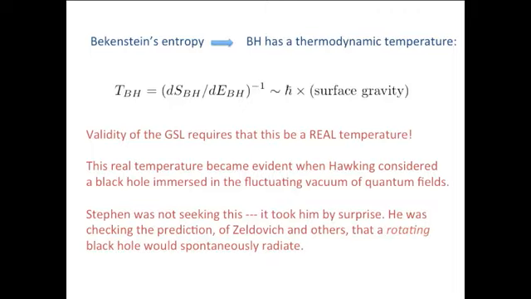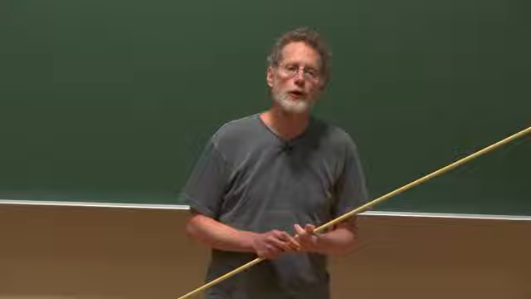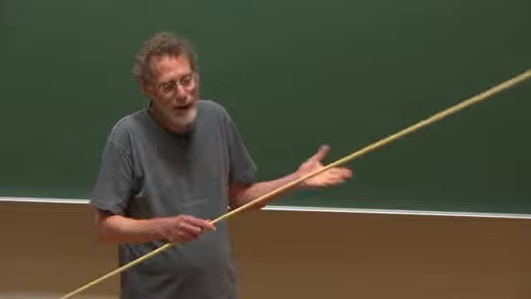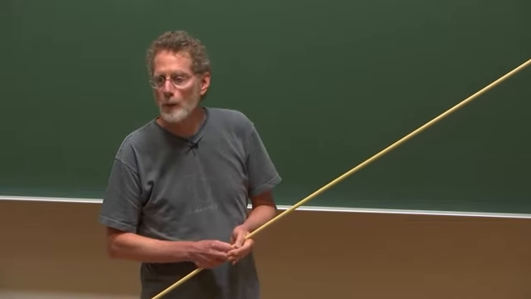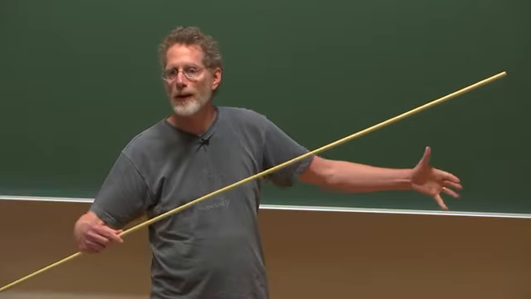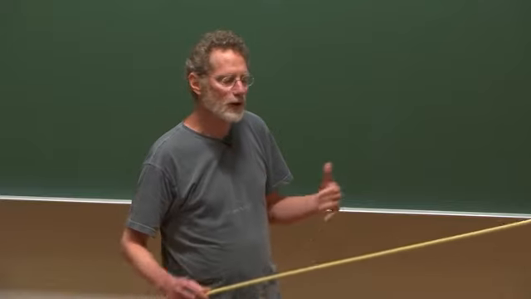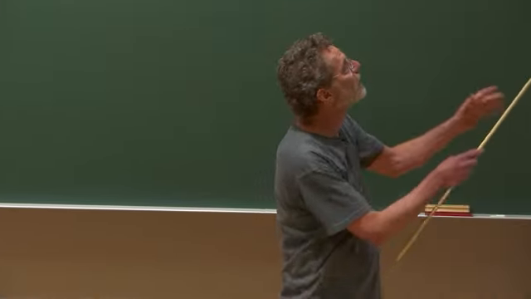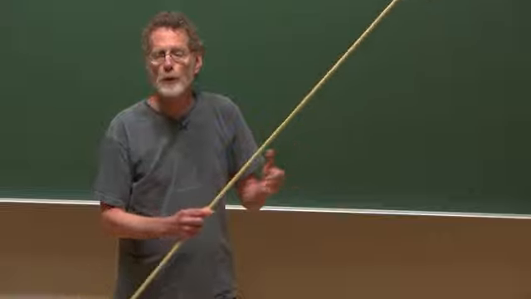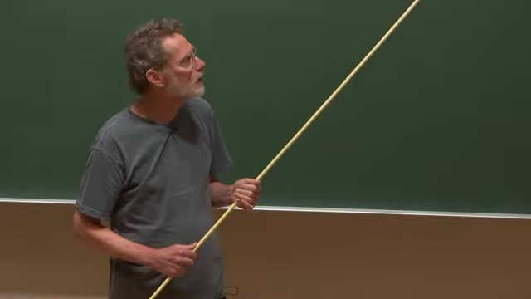The reciprocal of that, if it's really acting as a thermodynamic object, should be its temperature. But of course, the temperature of a black hole is 0 because nothing can come out of it. That actually led to a contradiction with the generalized second law. If the black hole is immersed in a thermal bath whose temperature is less than this would-be temperature of the black hole, then overall the generalized entropy would decrease.